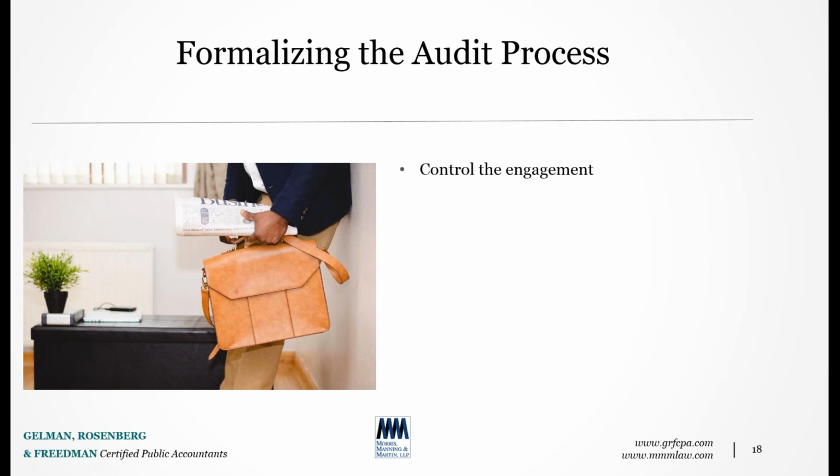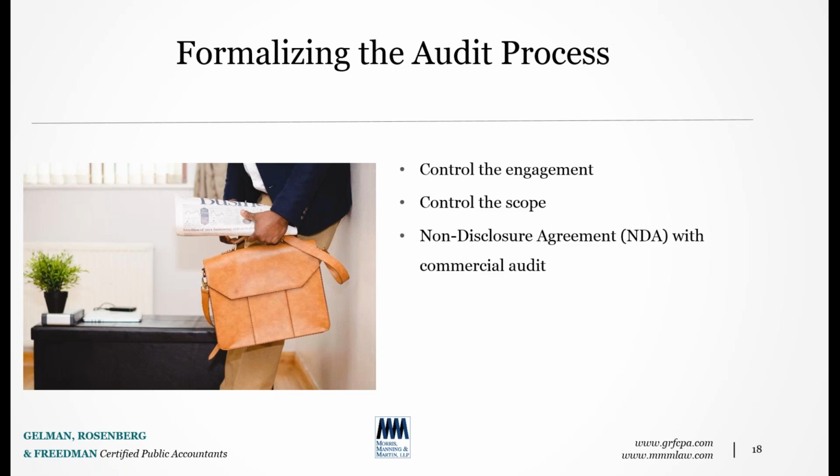Very importantly, you need to have a non-disclosure agreement in place, an NDA. We recently ran into an example where we had a very large commercial auditor, one of the big three, come in and give my client a one-page NDA, which basically referenced their contract, that is the auditor's contract with DCAA.